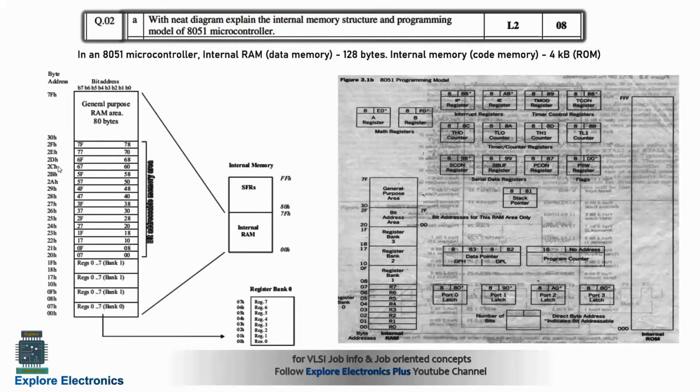If you take location 2CH, where the bits are in positions 60 to 67, you can fetch the 67th bit individually. That is called bit addressable. Byte addressable means that if you give this address 2CH, the complete byte value present there will be available. That is one thing you need to explain: these are bit as well as byte addressable. And 00 to 7FH means 128 locations, each of which can store 8 bits of data. And then we have a ROM.